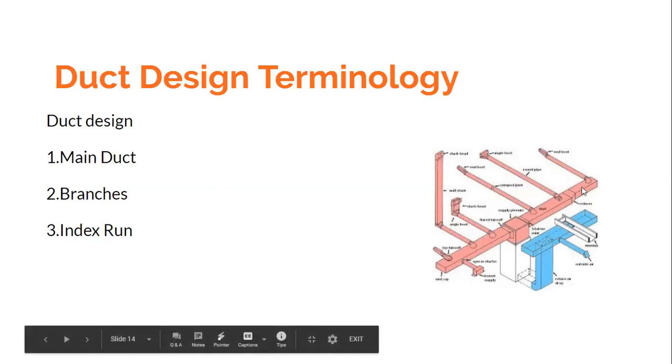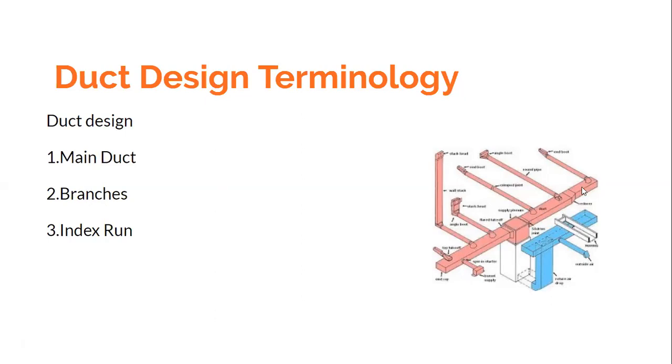There is a term which you would come across which is called the index run. The index run is not necessarily the main duct. Index run means it is the duct length which is giving you the maximum friction drop. So for example, if you consider this figure, it could be that this is your index run.